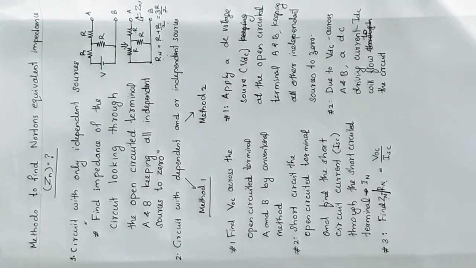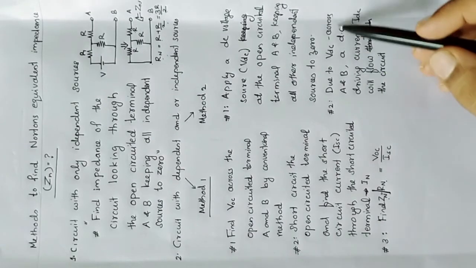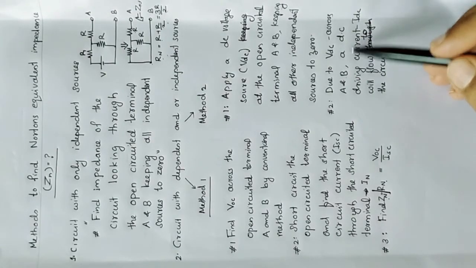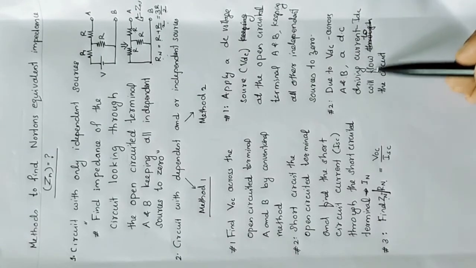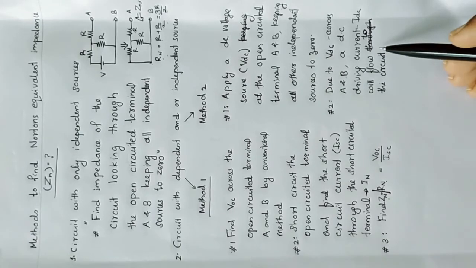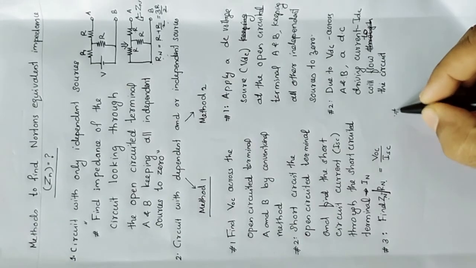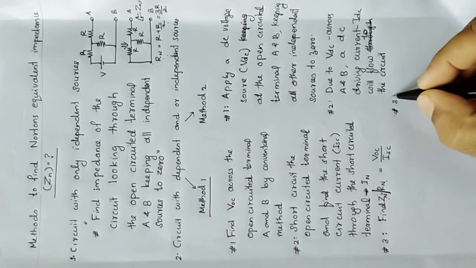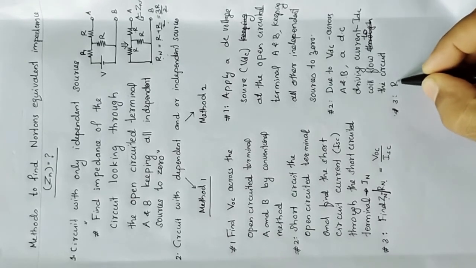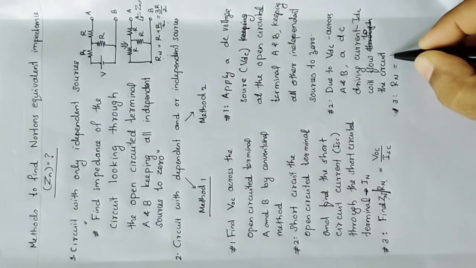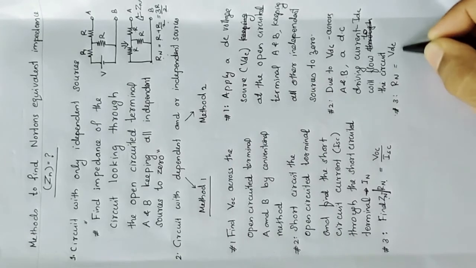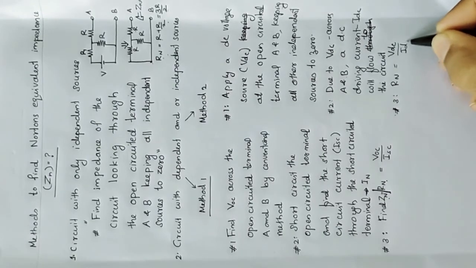That current is IDC. So, due to VDC across A and B, a DC driving current IDC will flow into the circuit. The third step is to calculate Rn. We can find Rn using the equation VDC by IDC.